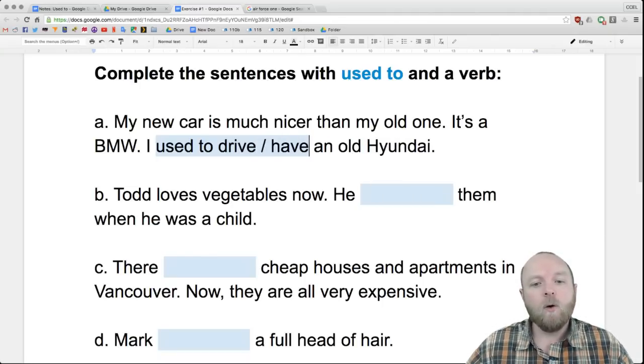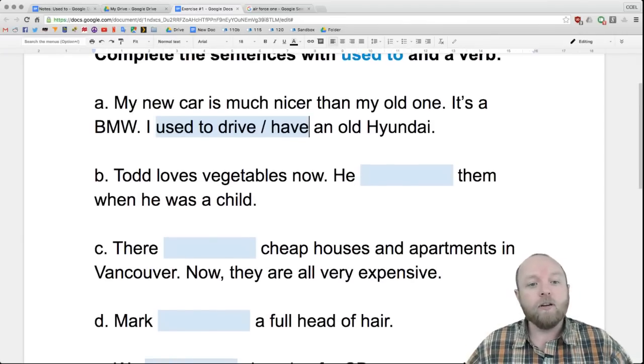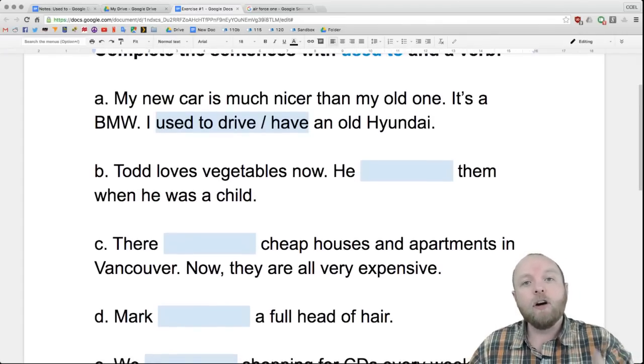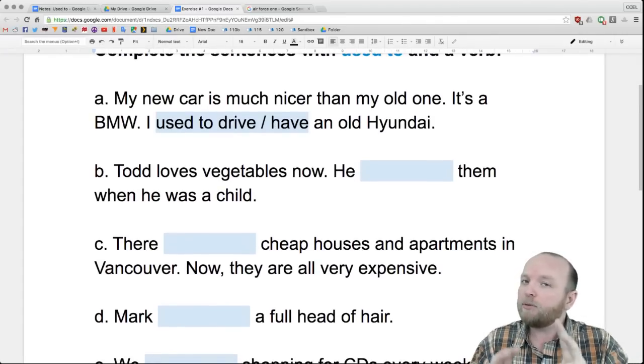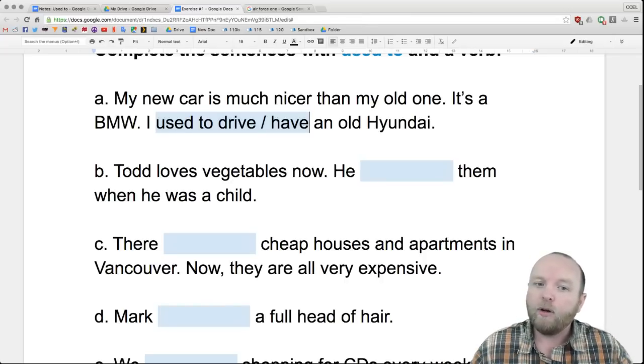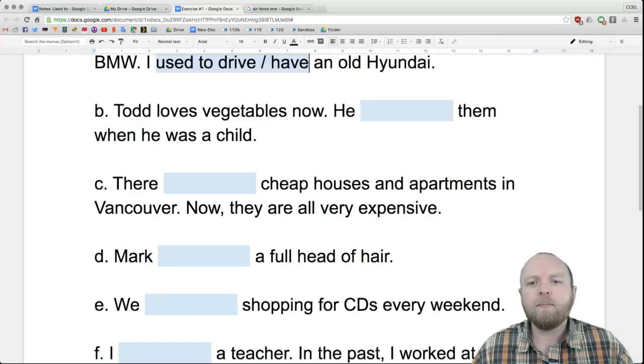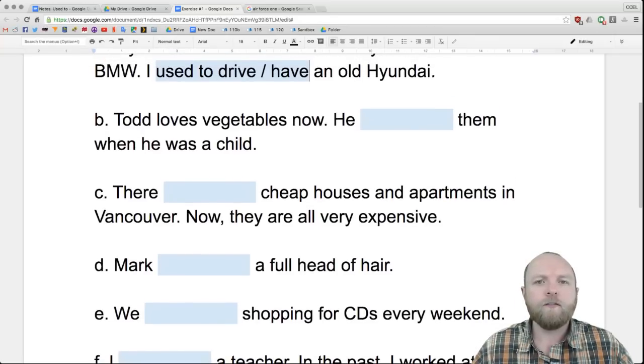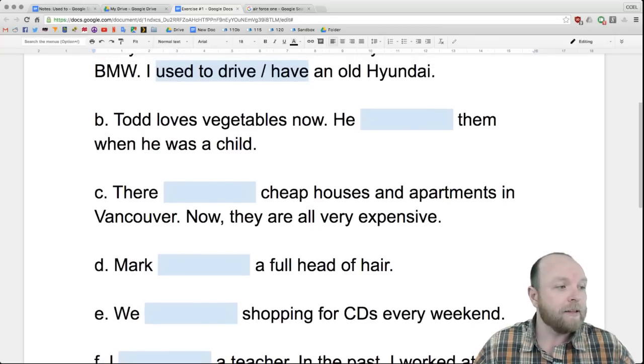Understand, guys? So you guys continue. B, what is the answer? Don't forget used to, okay? Please write used to drive, used to have. And I will come back in about 4 or 5 minutes.